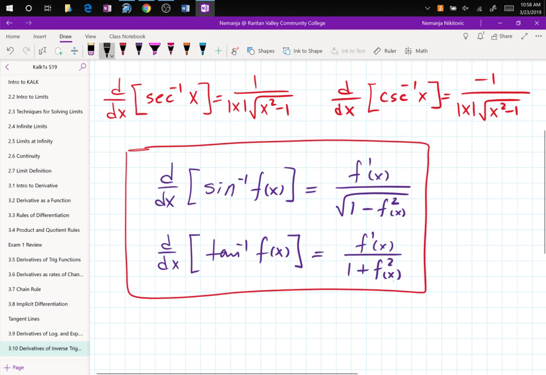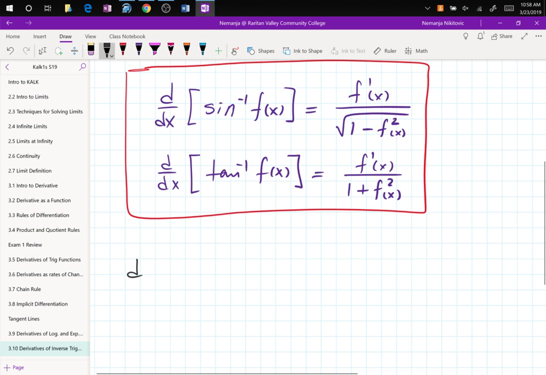All right. So what is the derivative of inverse tangent of x squared plus x minus 3? Well, you just plug it in.